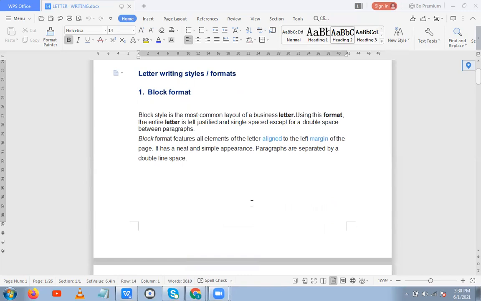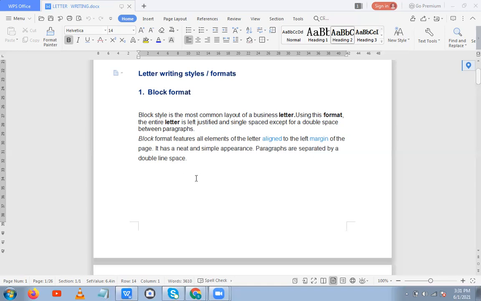Now everybody is using this block style today because it is very popular. It is the most common. Using this format, the entire letter is left justified. You start with the left, you end with the left. And it is justified and single spaced except for double space between paragraphs. So a single space is required and double space when you are adding paragraphs.